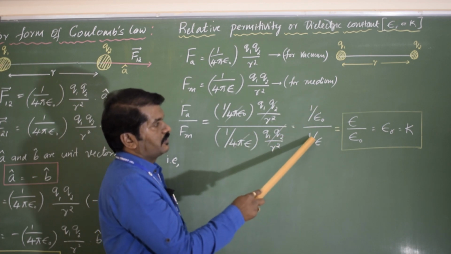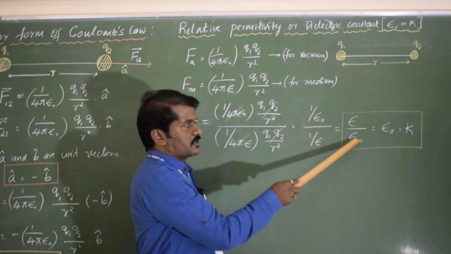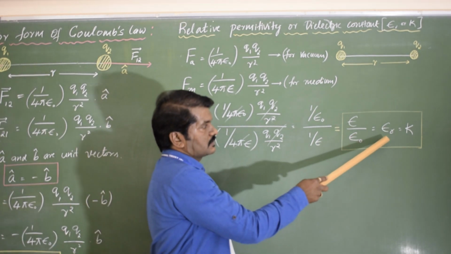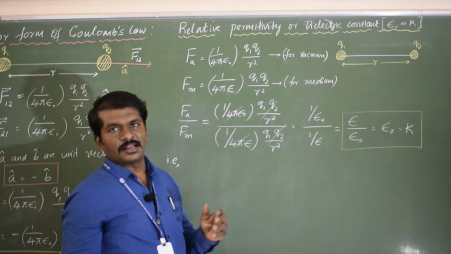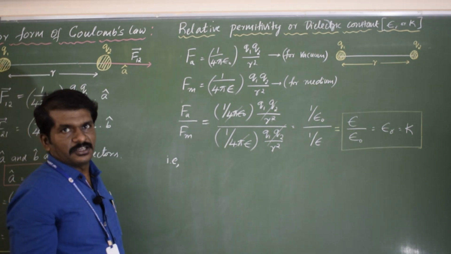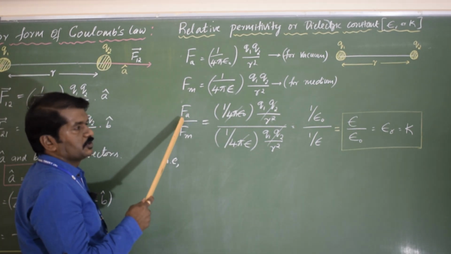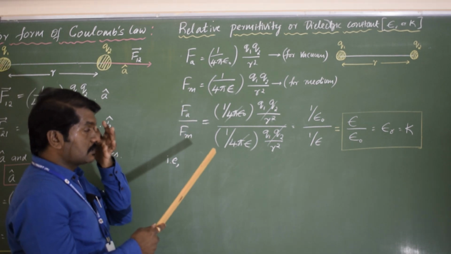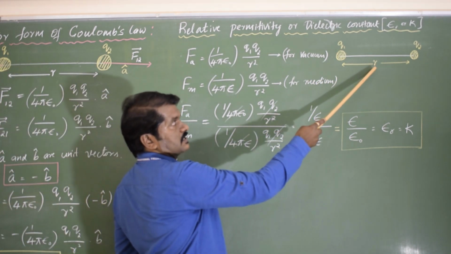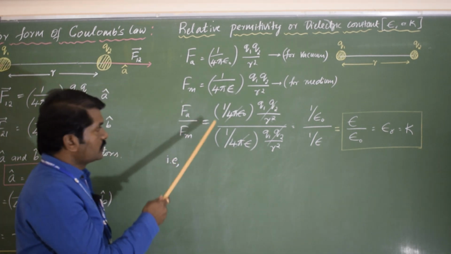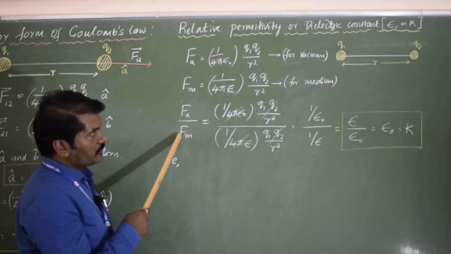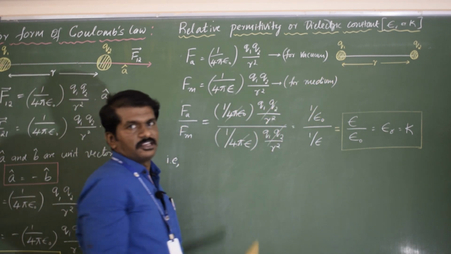If we rearrange that, we'll get epsilon divided by epsilon naught, and that ratio is a constant, and that constant is called dielectric constant or relative permittivity. Permittivity is defined as the ratio of force between any two stationary point charges separated by a certain distance in air or vacuum to the force between the same two point charges separated by the same distance in a given medium.